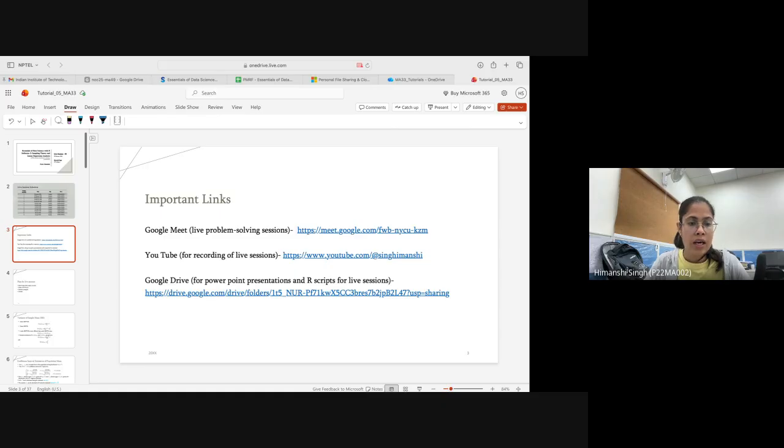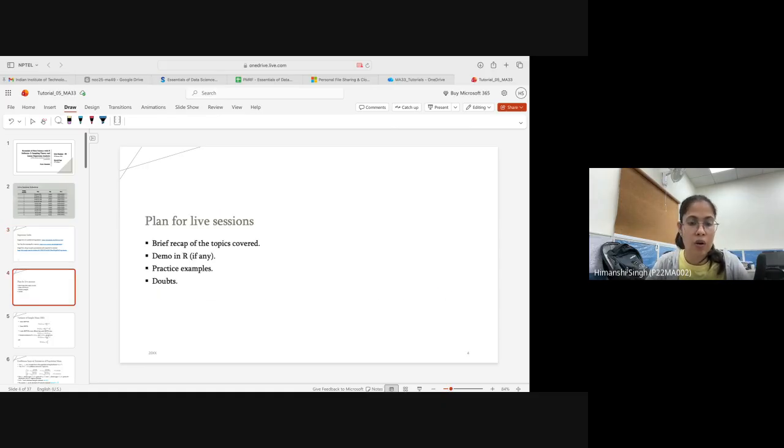So the plan for the live session is we always follow this. First of all, I will be giving you a brief recap about the topic covered in a particular week. Then, if necessary, I'll demonstrate some of the things in R. Then we will be doing some practice examples, which may be calculative, theoretical, or may include some R code.